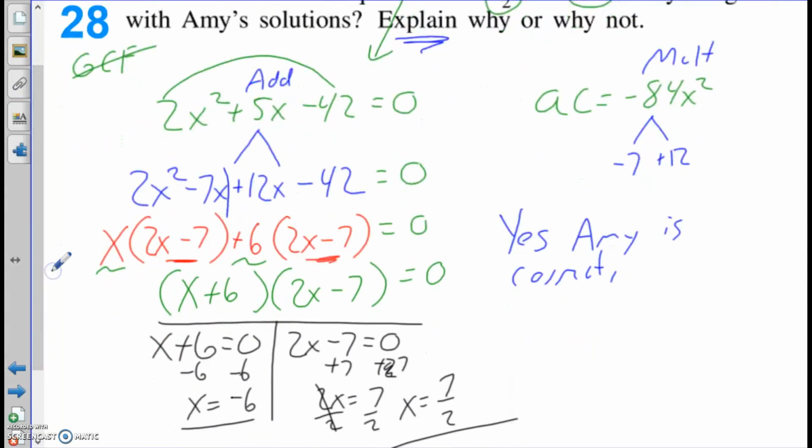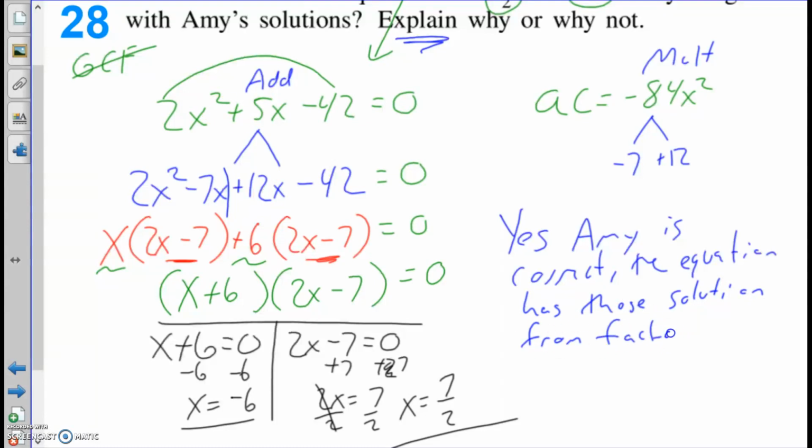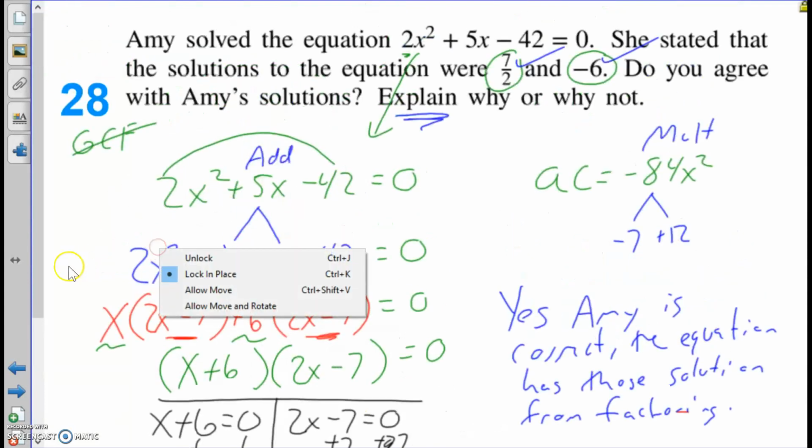The equation has those solutions. You can say from factoring if you want to add a little piece there, but it's like I said, it's kind of a silly equation for you to have to explain, because the math, I think, does the justification enough.